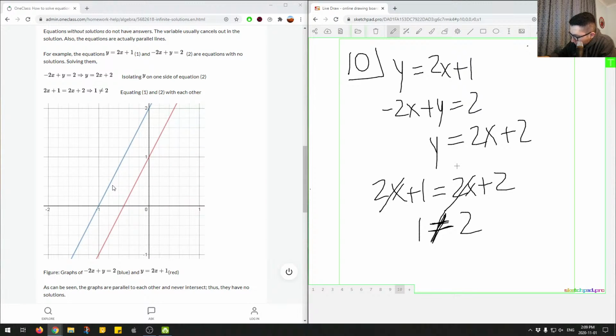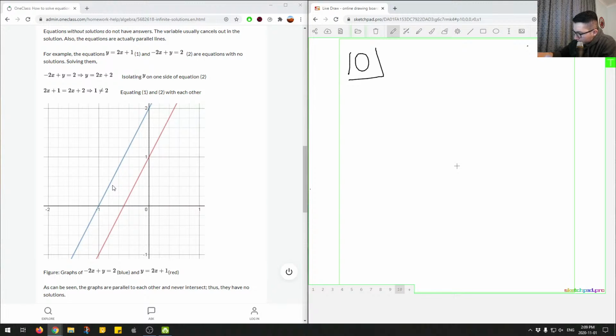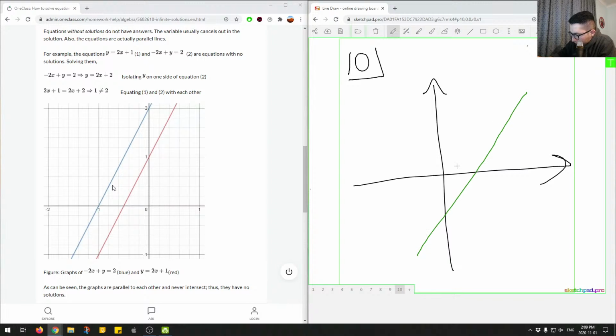So I'm just going to draw this out real quickly. This situation is as follows. We'll draw the plot, and our first line will be something like this, and our second line, I'll draw this in blue, will be something like this. And then these two are parallel.